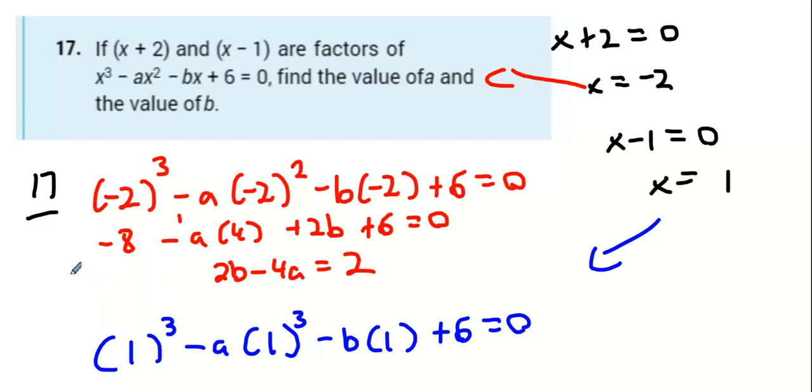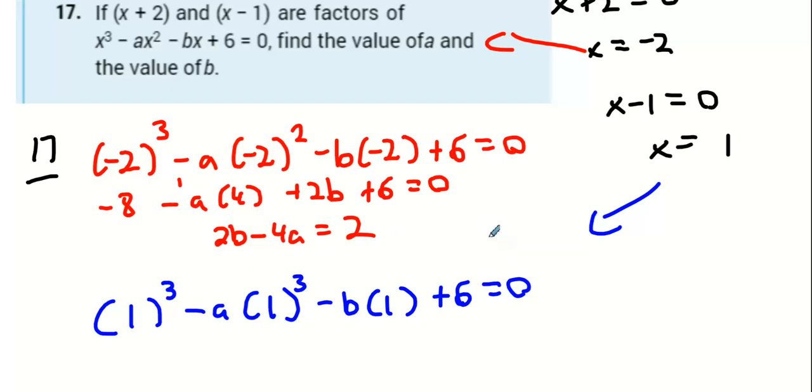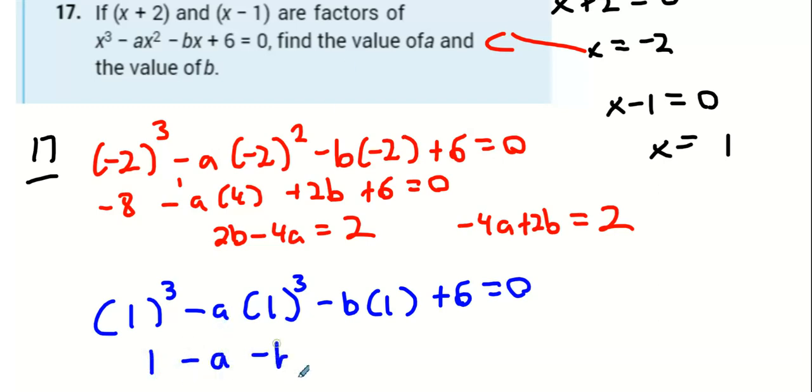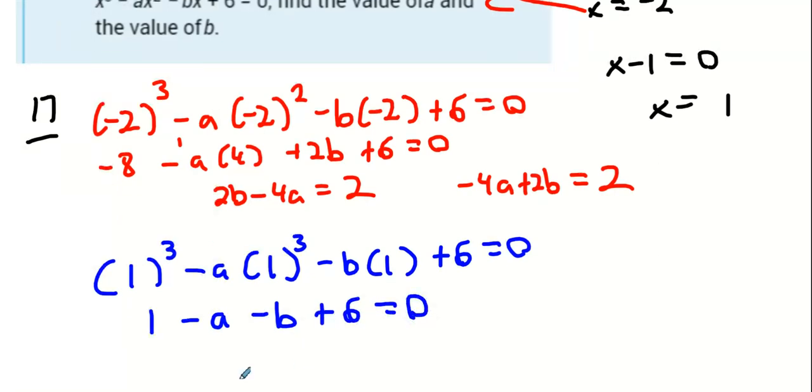If you put a in front of b when you're writing it out, you usually use alphabetical order. Then I get minus 4a plus 2b equals 2. Equals 2. Yeah. 6 equals 0.